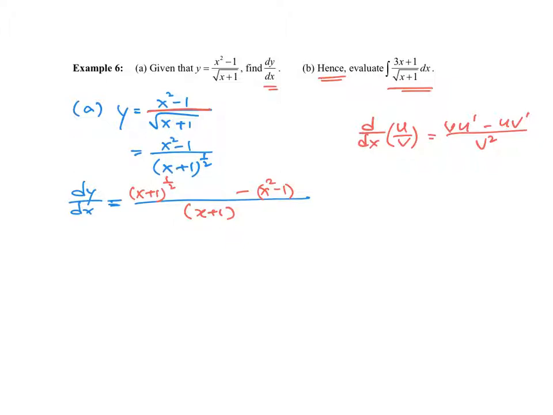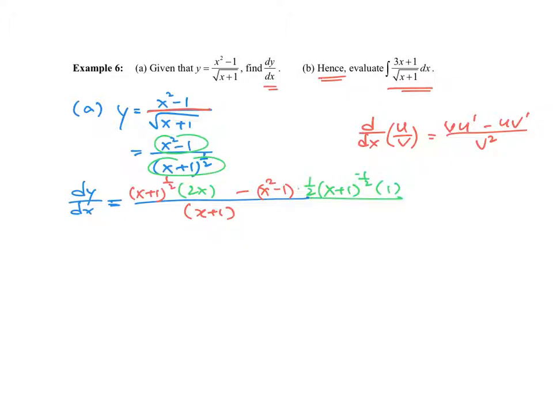Now you differentiate u dash and v dash respectively. The first one, you differentiate u, it gives you 2x. The other part includes a chain rule, so you move down the power, reduce it by 1, and then differentiating x plus 1 gives you 1.